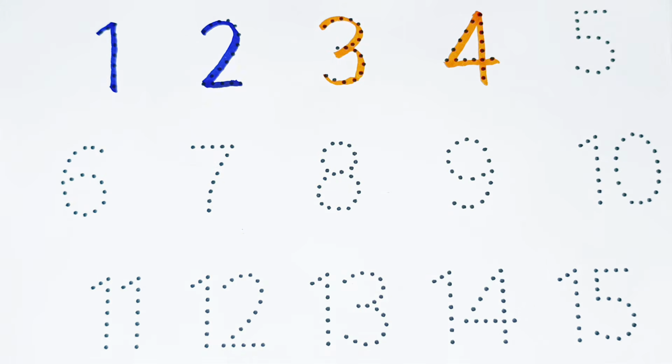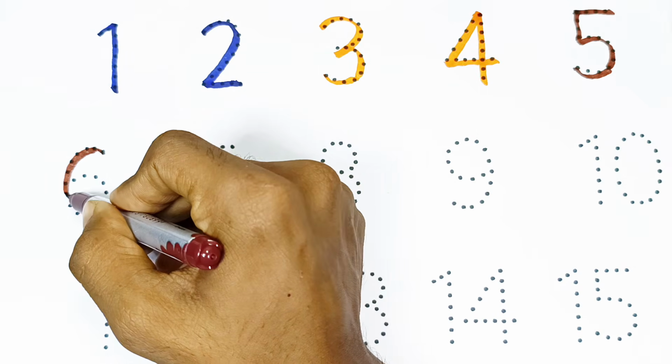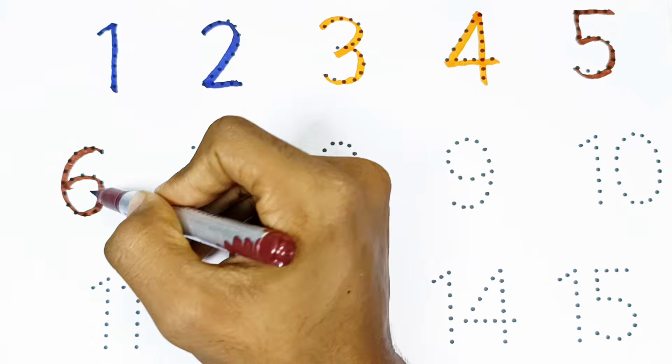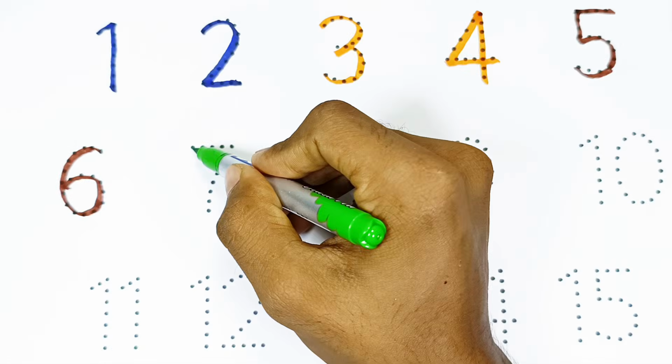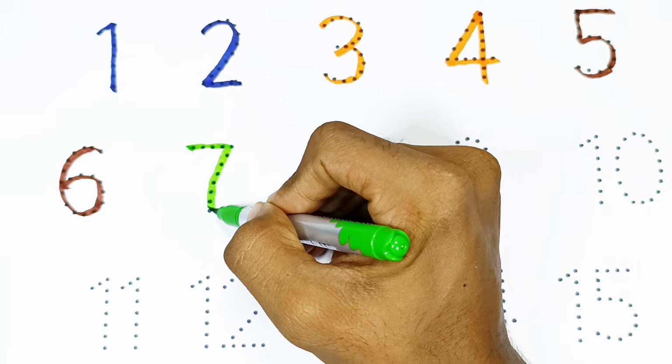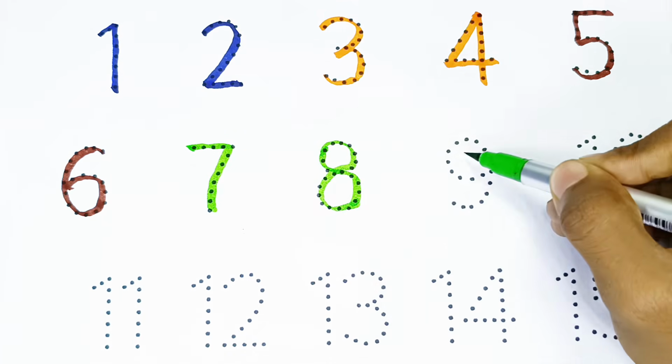Kids, now you draw 5. 5, 6. Kids, now you draw 7. 7, 8.